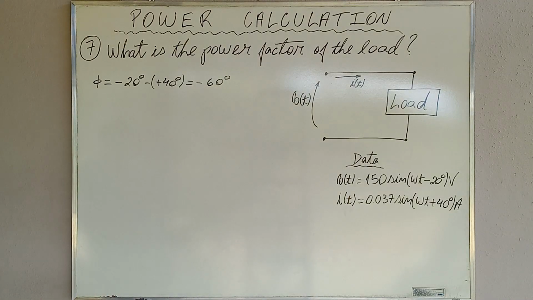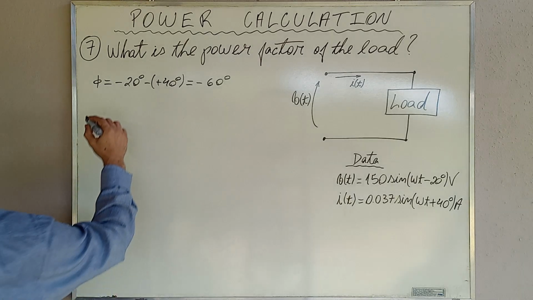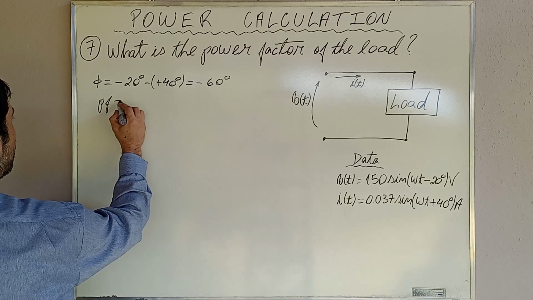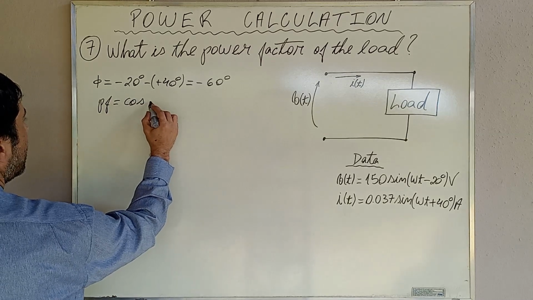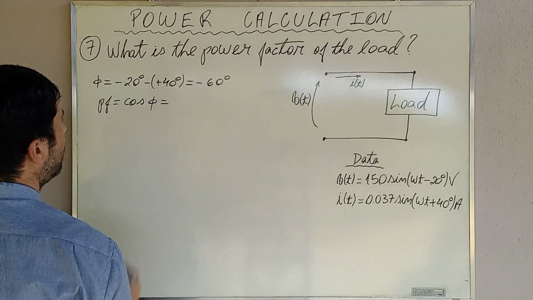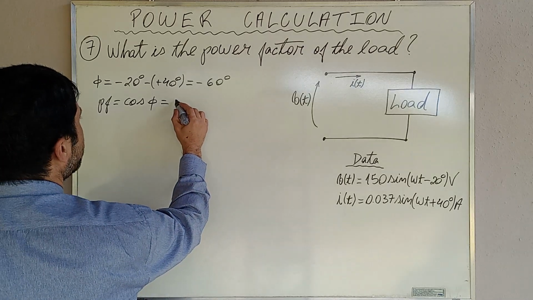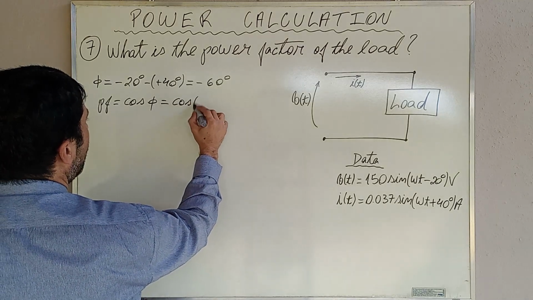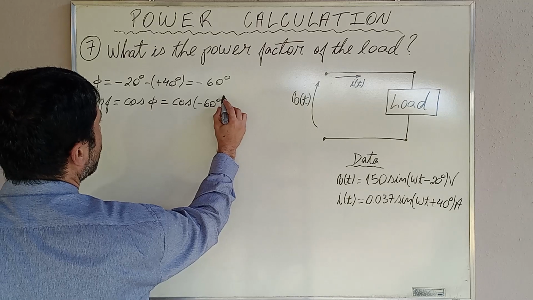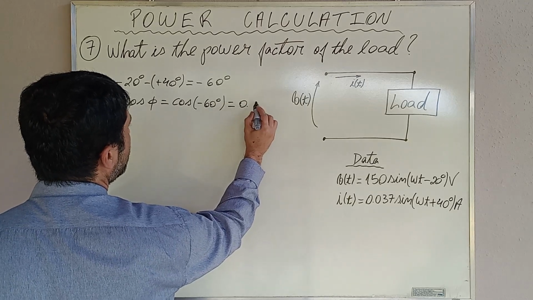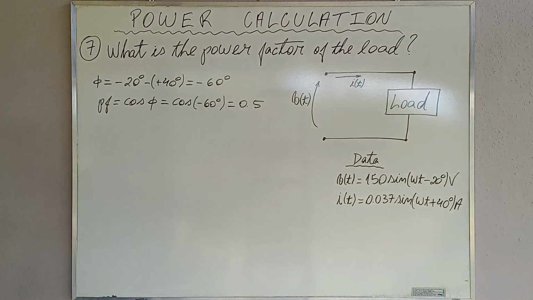With the phasor angle, we can calculate the power factor. The power factor is equal to the cosine of the angle. In this case, it is the cosine of negative 60 degrees, which is equal to 0.5.